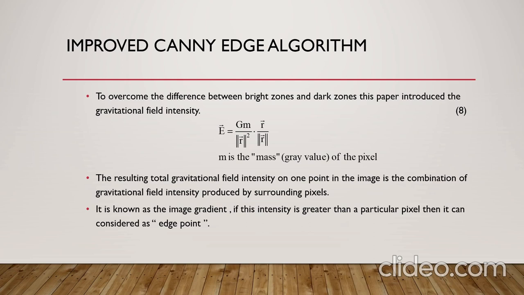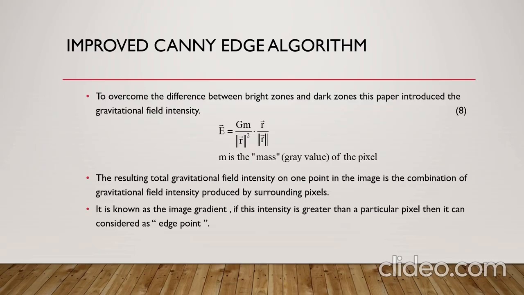To overcome the difference between bright zones and dark zones, this paper introduced the gravitational field intensity, given by the formula G into m divided by magnitude of r whole square into r unit vector, where m is the mass of the pixel.